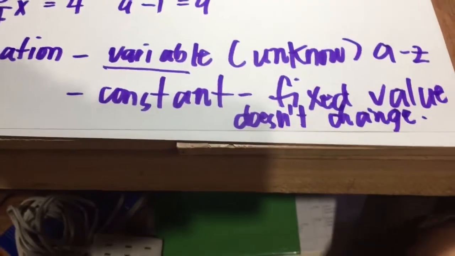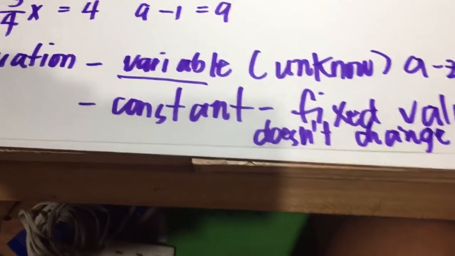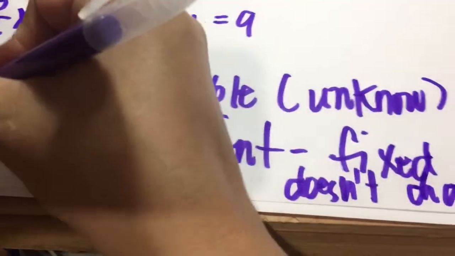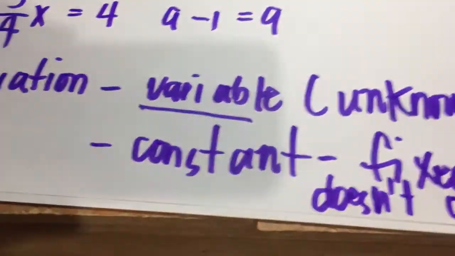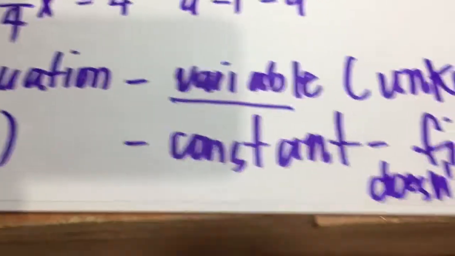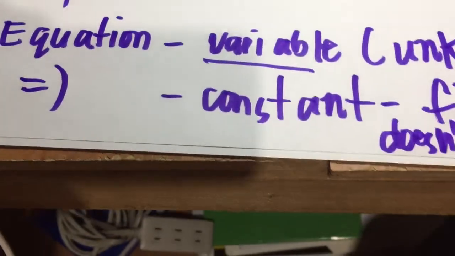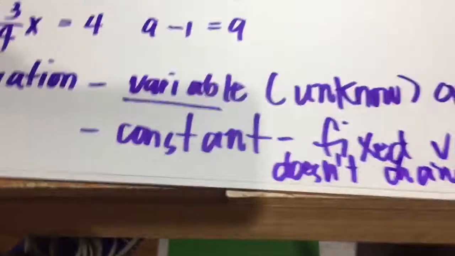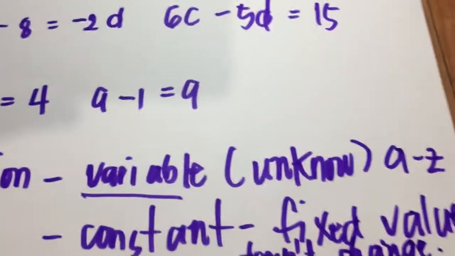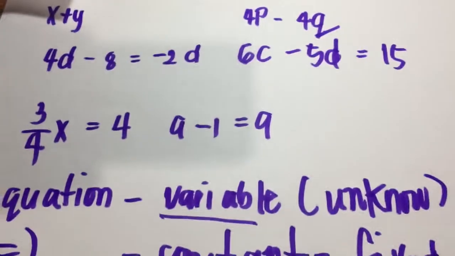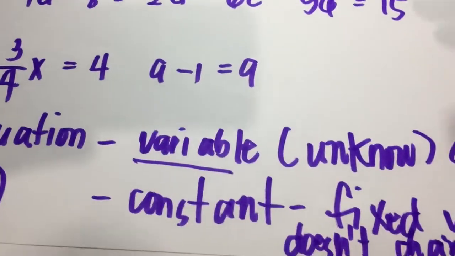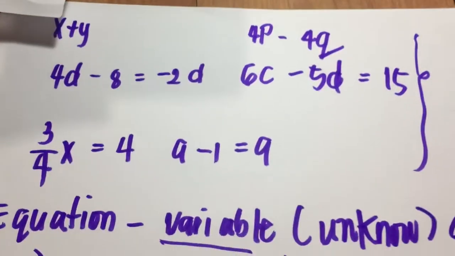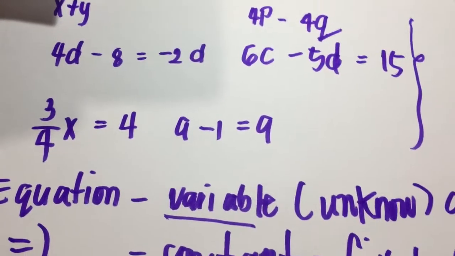An equation consists of a variable, a constant, and of course, an equal sign. Kaya nga siya equation from the root word equal. Diba? So, based on this definition, can you identify which of the following statements is an example of an equation?